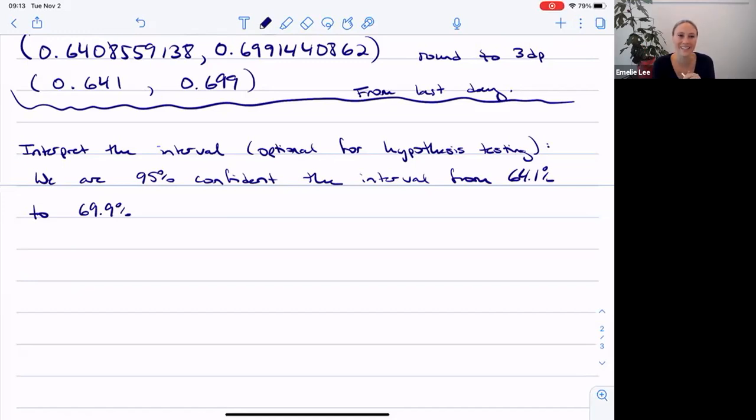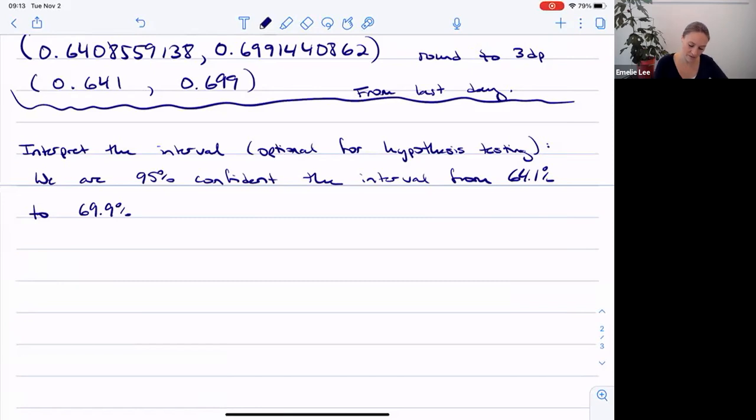It's so easy to misinterpret these intervals, so you want to really stick with it until you're sure the population proportion is fixed. That's the key aspect.